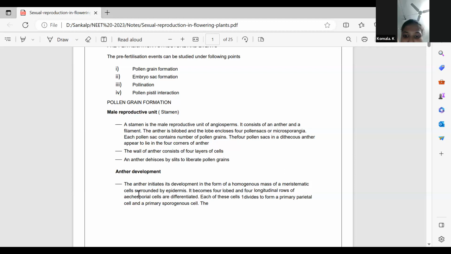It becomes 4 lobed and in 4 longitudinal rows archesporial cells are differentiated. Each of these cells divides to form a primary parietal cell and a primary sporogenous cell.